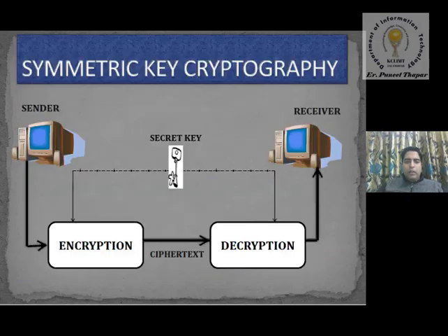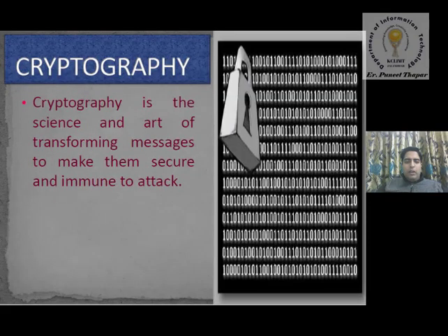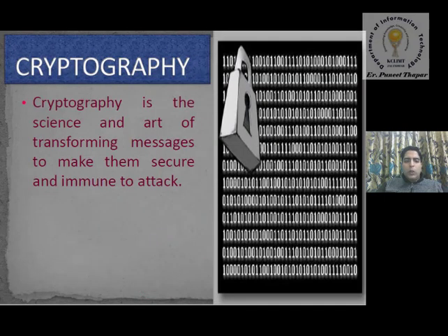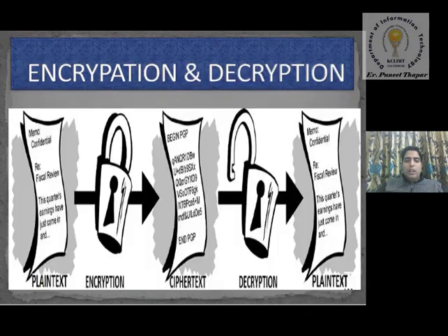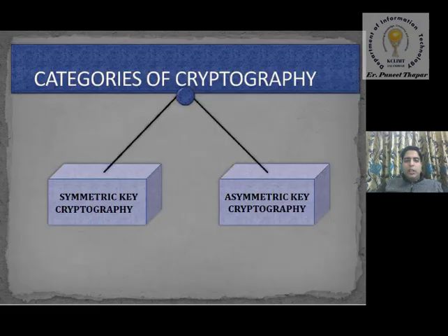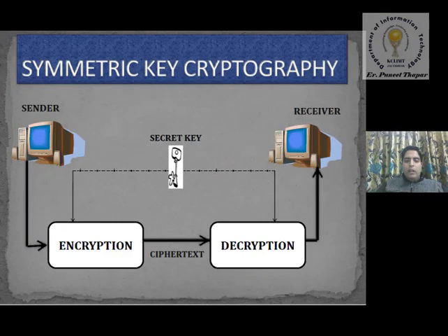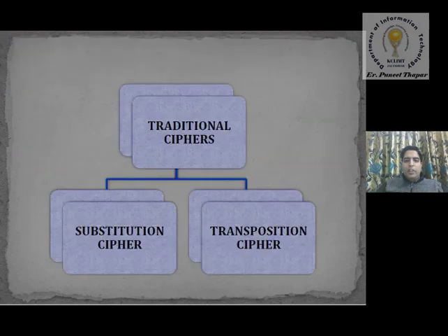I will briefly explain again what we covered. We discussed threats and security goals, what cryptography is, with terms encryption and decryption, and two types of cryptographic methods or categories, symmetric and asymmetric. In brief, symmetric cryptography with the help of diagrammatic representation, and traditional substitution cipher methodologies.